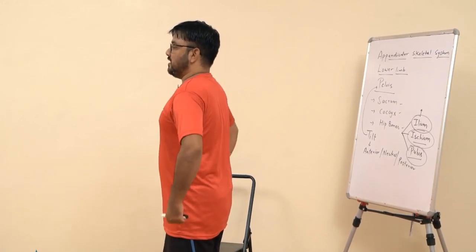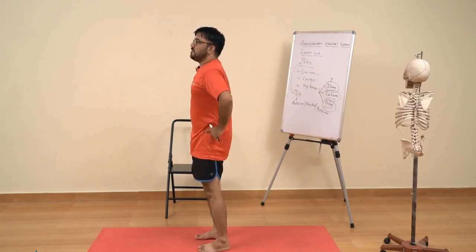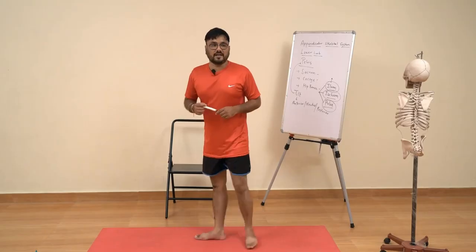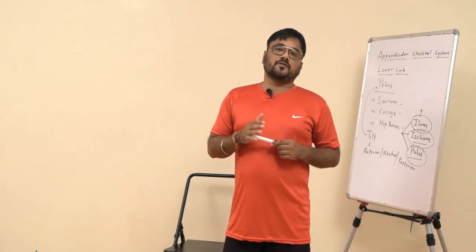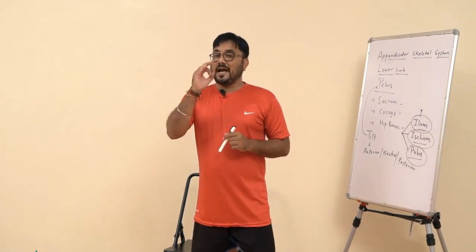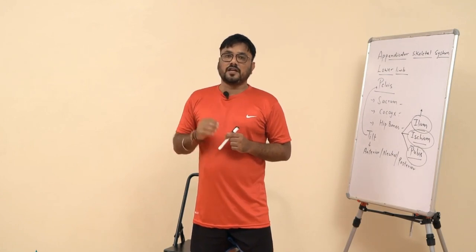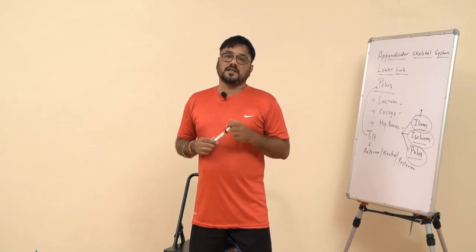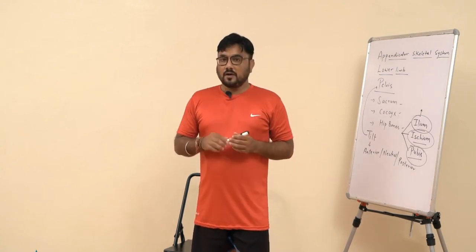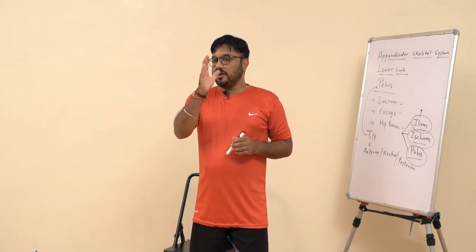To go into backward bending, first rotate the pelvis back with a posterior pelvic tilt. So be careful and always remember which tilt is needed for each category of postures.